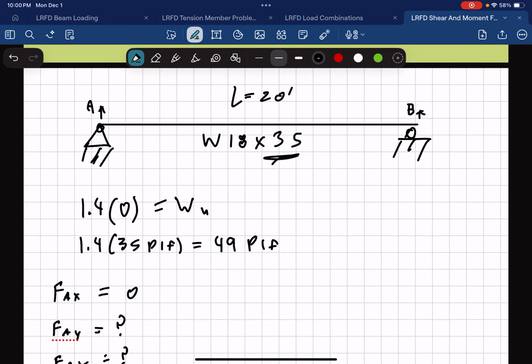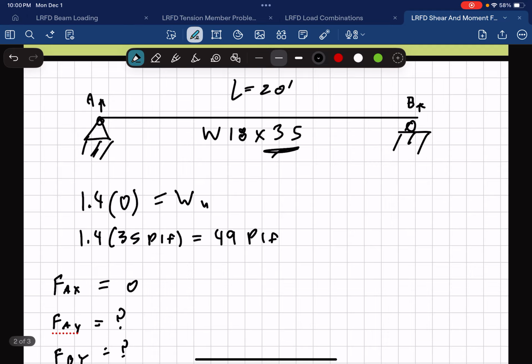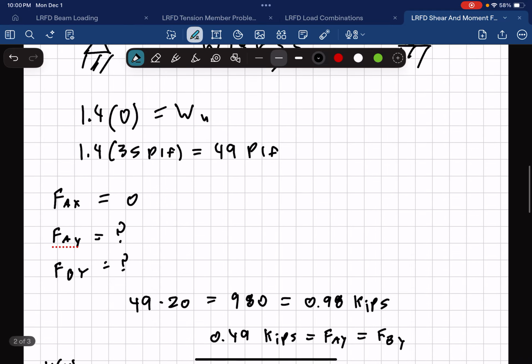The beam's weight can be considered to be uniformly distributed because at any point along this, we should have that 35 or factored 49 pounds per linear foot. And this is a uniform distributed load, meaning our end reaction is just going to be the beam weight divided by 2, making this calculation really easy.